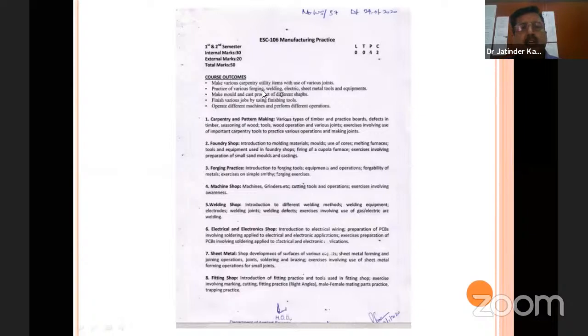And after doing the activities of this manufacturing practice, the course outcomes which each and every student learns are that they make various carpentry utility items with the use of various joints, practice various forging, welding, electric, sheet metal tools and equipments, make, mold and cast products of different shapes, finish various jobs by using finishing tools, operate different machines and perform different operations. So these are the course outcomes, right? So we will discuss a few of these labs here.